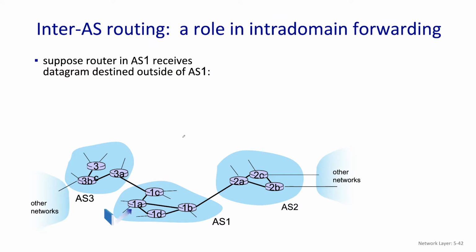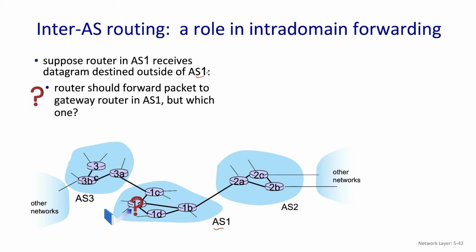So let's suppose that any router in AS1 received a message that is destined to one of the routers outside AS1. Where should we forward it? Right now, this autonomous system has two gateways, right? Should we forward it here, or should we forward it to here?